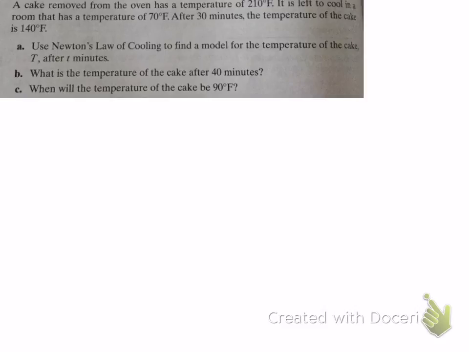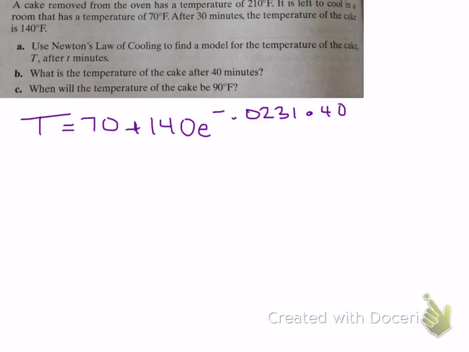Now for letter B, it says, what was the temperature of the cake after 40 minutes? So we're going to use this equation, and we're going to plug 40 in for the little t because it's time. So I have 70 plus 140 e to the negative 0.0231 times 40.